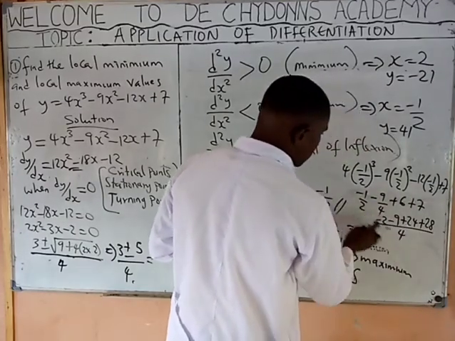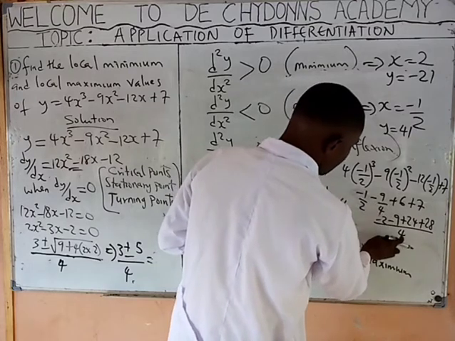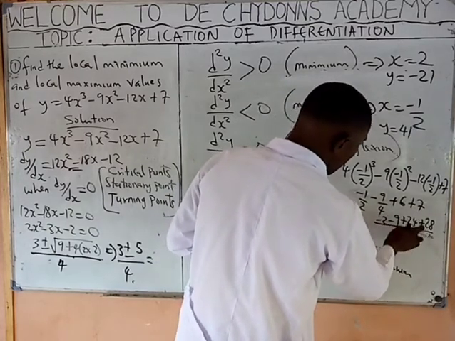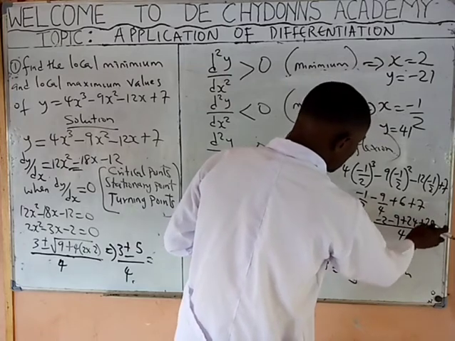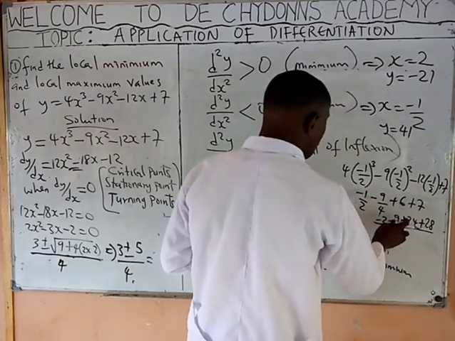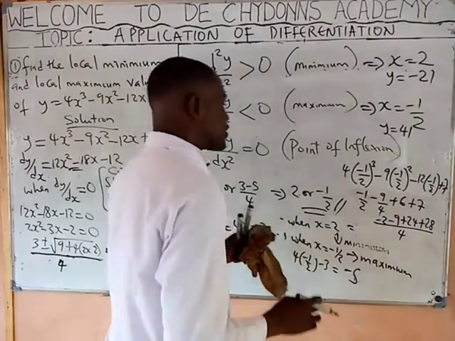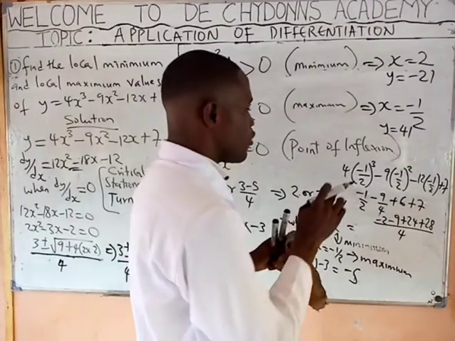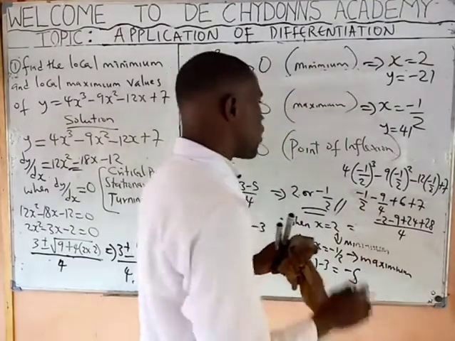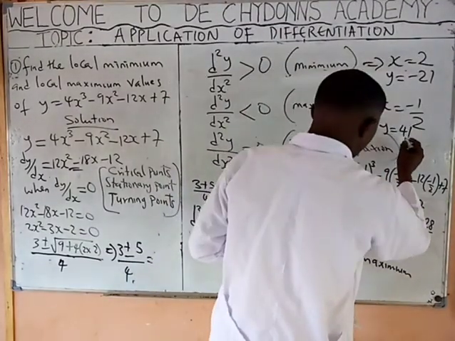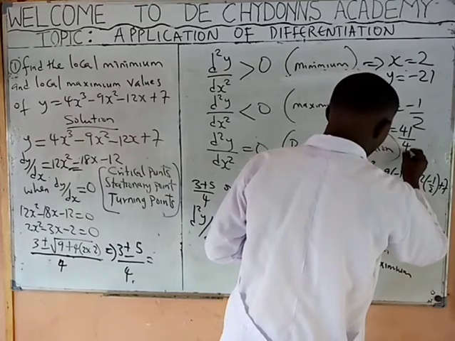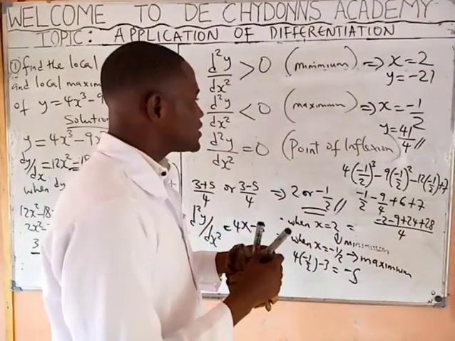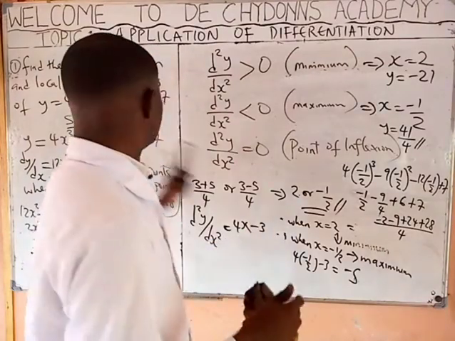It gave us 4 minus 2, minus 9 plus 24, plus 28, plus 6, 52, 52 minus 9, 43, 43 minus 2, 41, and we have 41 all over 4 as the corresponding value of y. Okay? That is the answer to this question.